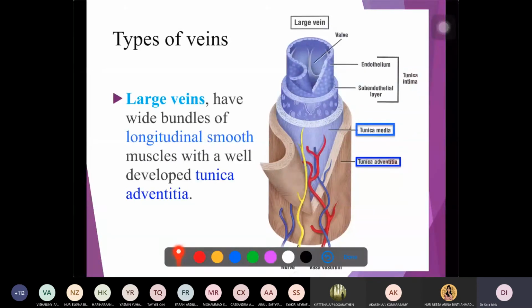So large veins have a lot of smooth muscle, and a very well developed tunica adventitia. That's the kind of characteristic that large veins have.